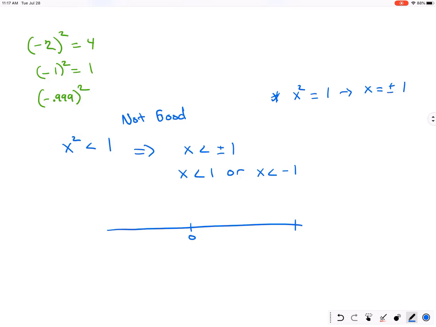And if I draw a picture on a number line, what do I get? So x is less than 1, that is this situation. Or x is less than -1. Well, x less than -1 is this situation.